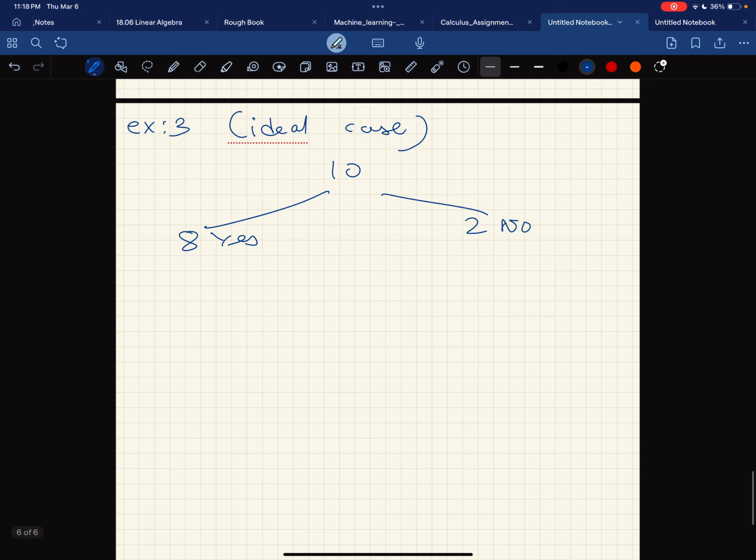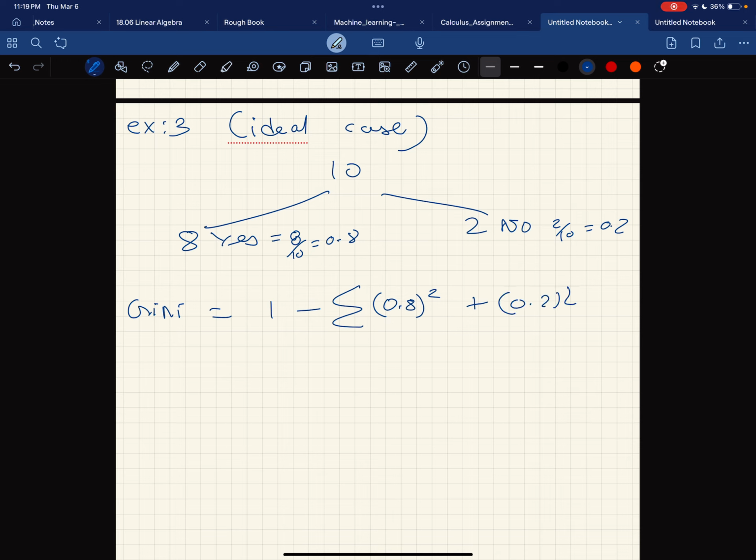If I calculate the Gini impurity, it would be equal to 1 minus summation of class proportions squared, 0.8 square plus 0.2 square, so I would get 1 minus (0.64 plus 0.04), which would be equal to 0.32.